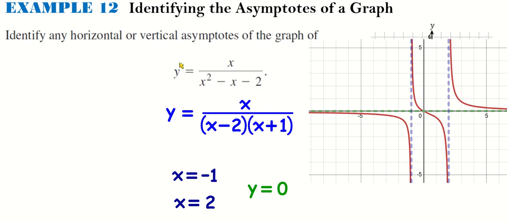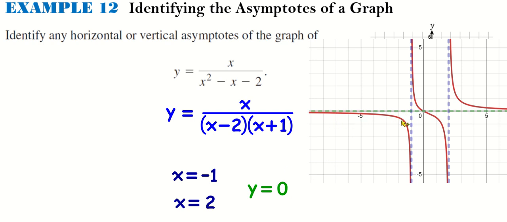So it's not going to be any surprise when we look at the graph that we see those vertical asymptotes there. And also, doing a little bit of numerical algebraic analysis of this equation, it shouldn't be any surprise if you take a graphical approach and you go, yeah, it looks like there's a horizontal asymptote of y equals 0.